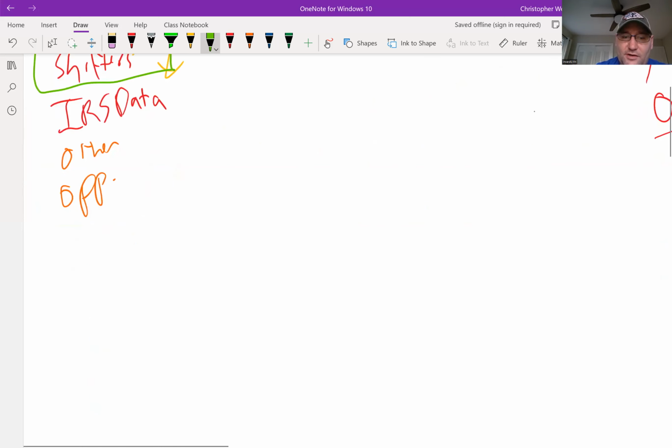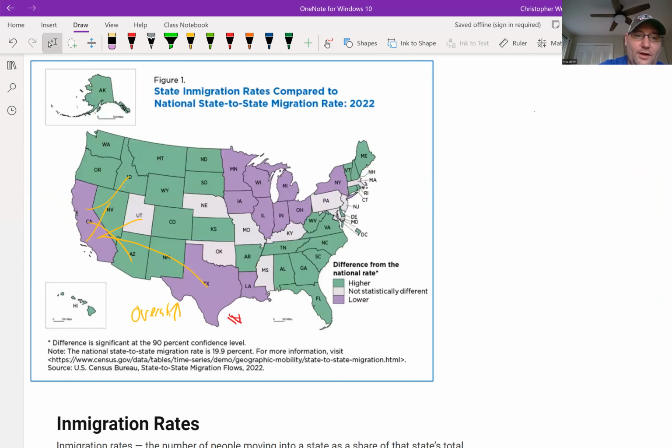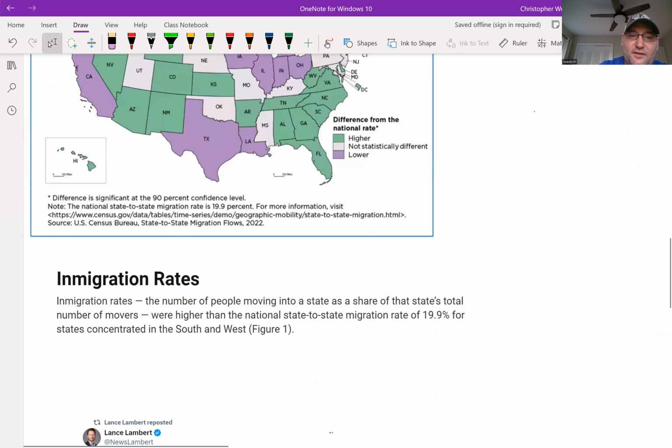So let's come down here and take a look at some data. Now, I went through a dry run there, so bear with me. But we can see here that immigration is the total number of people moving to a state as a share of the total number of movers. So if there's 1,000 people who move to a state and 100 people are from a different state, okay, then that's a 10% ratio.